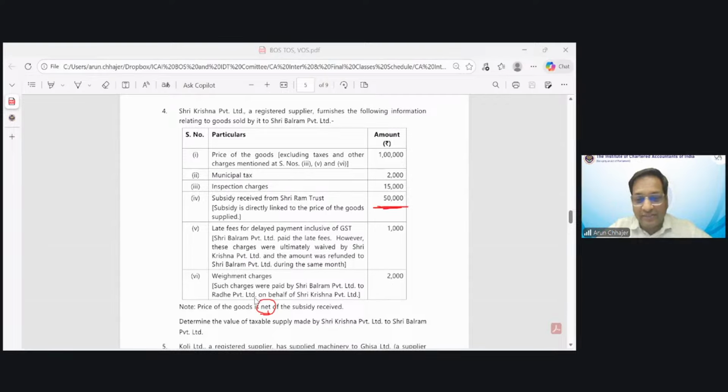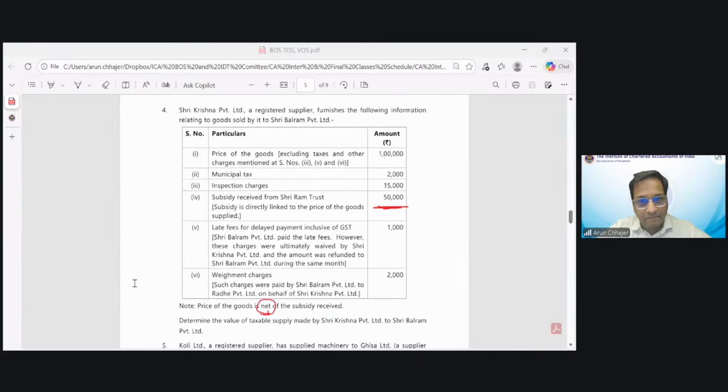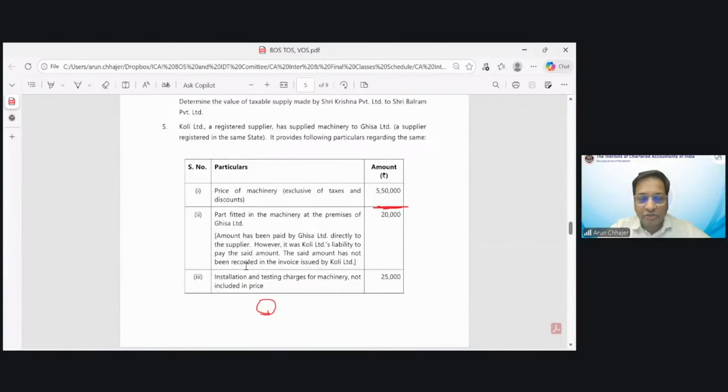Total it once and tell me the answer. Right? 169. Any doubt? 169. Any doubt? No. Can we move to the next question?